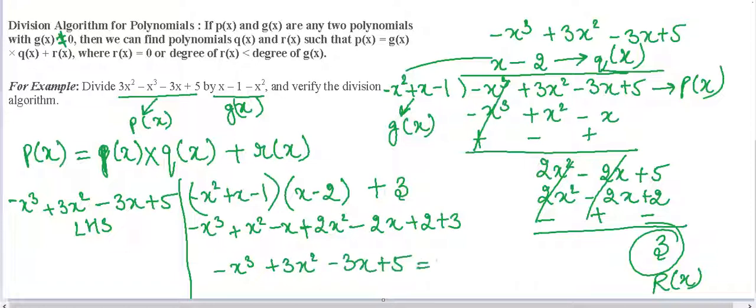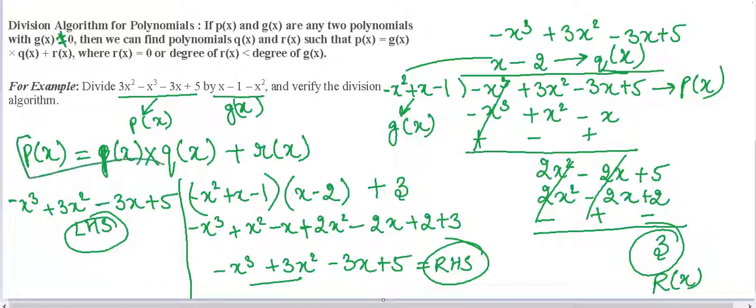This is your RHS. Since your RHS and LHS both are equal, you have verified your division. That means you are not having any error in the division. So the division algorithm helps you to see whether the division you have done is correct or not.